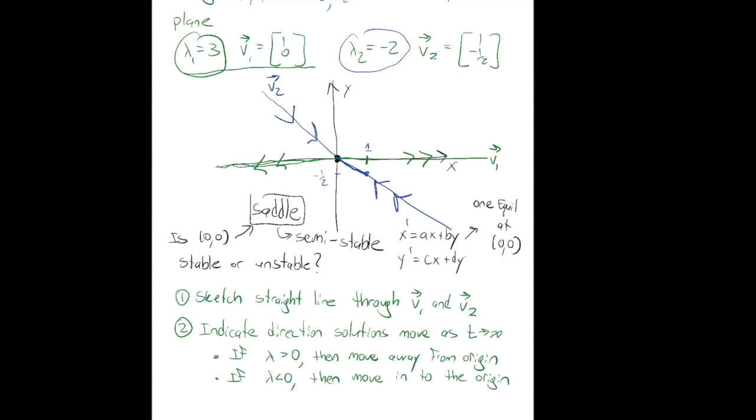And then once we have these important directions marked, this really determines how the dynamics are going to behave everywhere else in the plane. For example, I have to follow these flows and we can't cross over them.